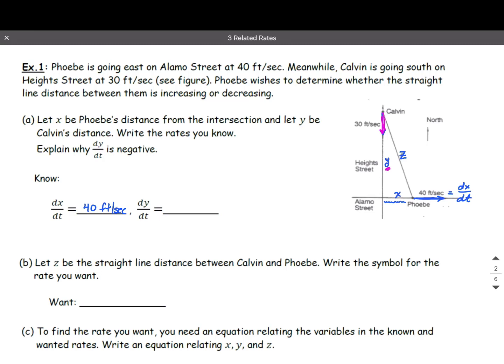This y is getting smaller, which means that dy/dt is negative 30 feet per second. Now if z is the straight line distance between Calvin and Phoebe, we want to know the rate at which that distance is changing, so we're looking for dz/dt. That's what we're looking for.